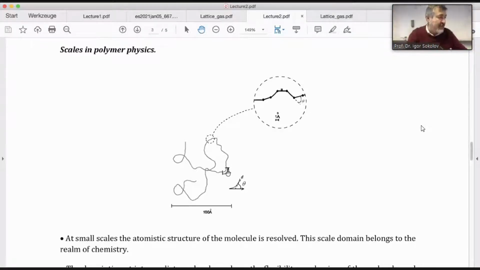It's something like what happens if you throw a thread on the table or on the floor. It always gets knotted and coiled.